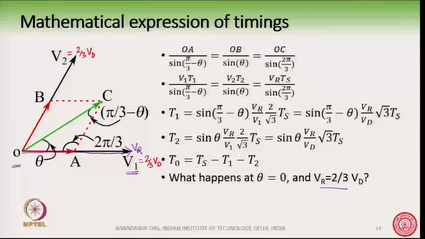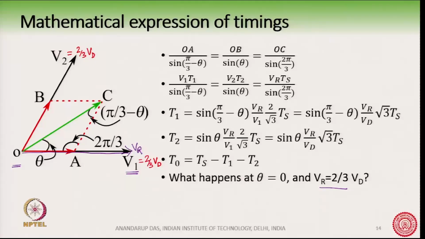What does it indicate? It indicates that throughout the Ts time period, we should only switch V1, nothing else. Okay. For the whole time period, the 100% duty or 100% of the time period, V1 should be switched, and 0 vector or V2 vector should not be switched.